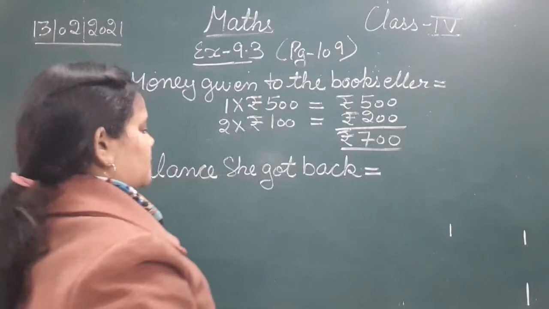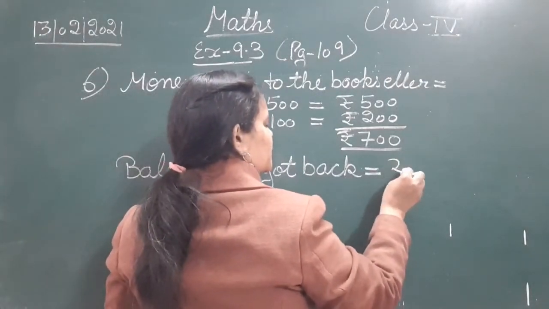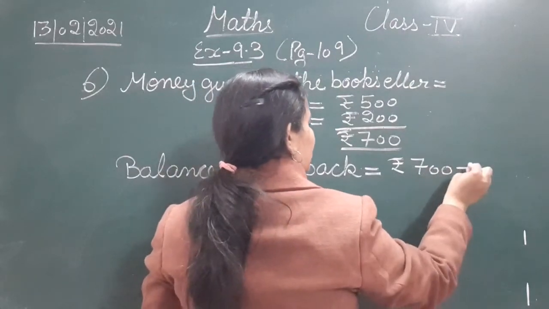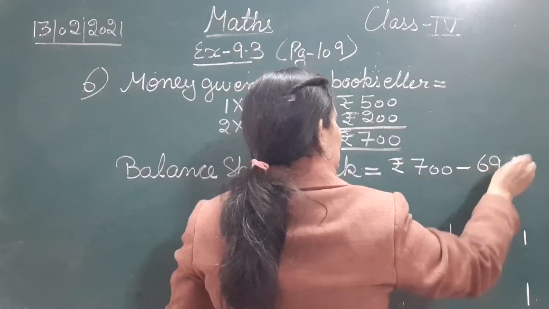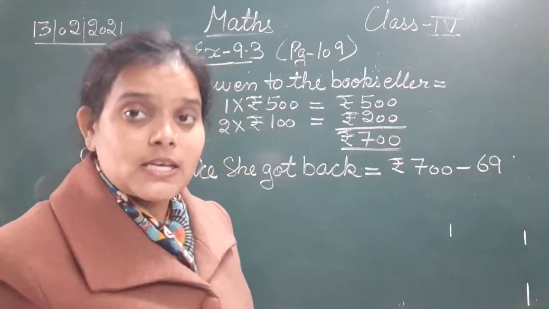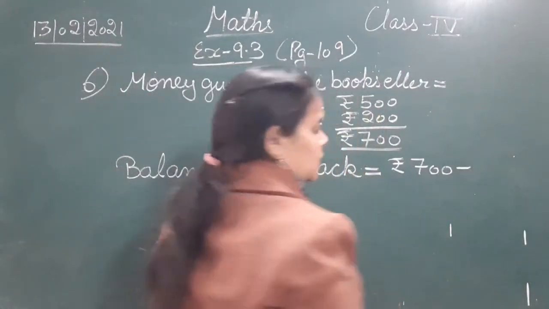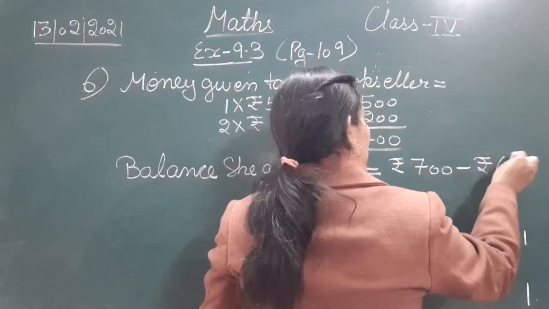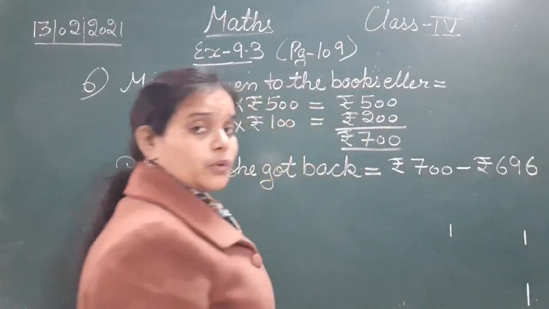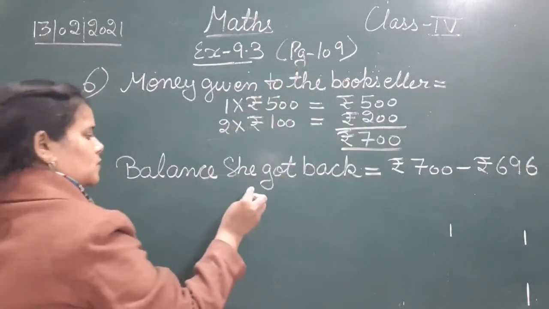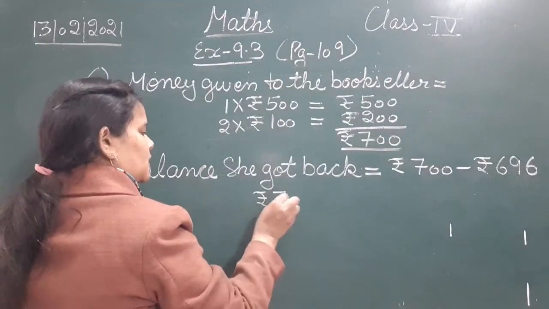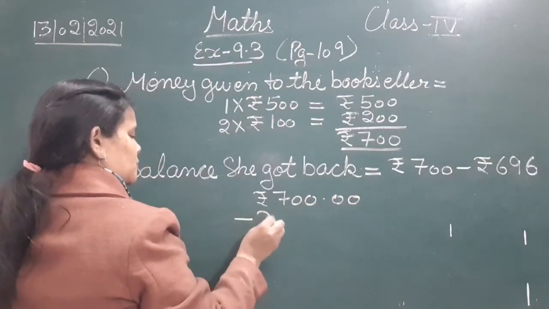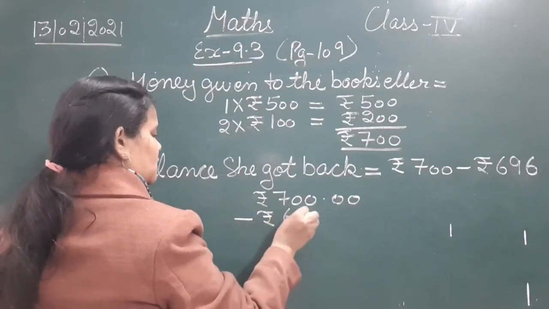So for the balance we will subtract, rupees 700, that is the total amount that she has given, minus 696, that is the rupees 696 that she needs to pay to the shopkeeper. So let's subtract rupees 700 minus rupees 696.